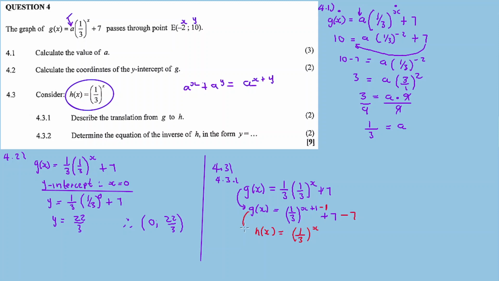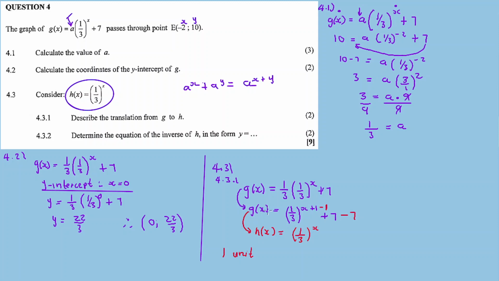So going from G to H we subtract 1 and subtract 7, but we have to describe what happened, right? We moved 1 unit.